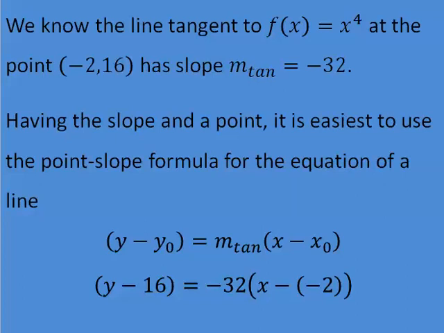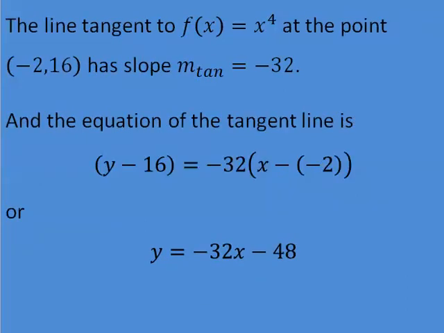The only thing left to do is to solve for y. And so y equals -32x minus 48 touches the graph f equals x to the fourth. It touches that graph at the point (-2, 16) and is tangent to the graph.